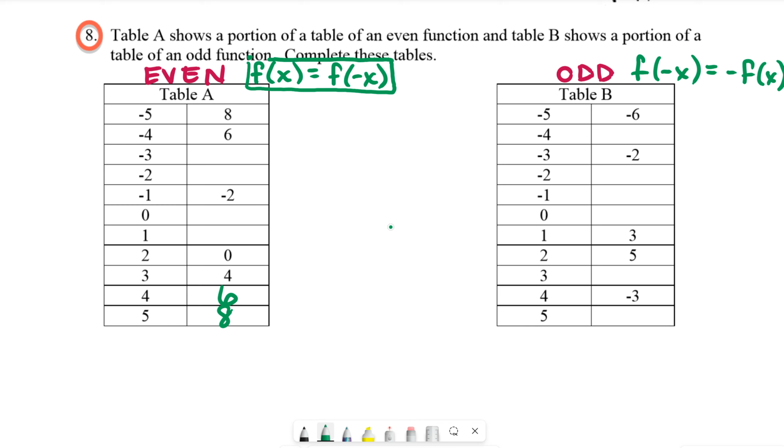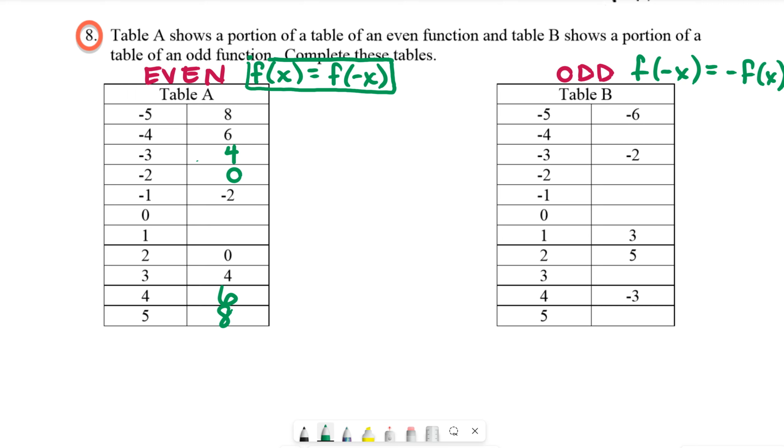Now, they didn't give us negative 3 and negative 2, but they gave us positive 2 and positive 3 down here. Well, 2 gave us a 0 and 3 gave us a 4. So if 2 gave us a 0, then negative 2 also has to give us a 0. If 3 gave us a 4, then negative 3 also has to give us a 4.